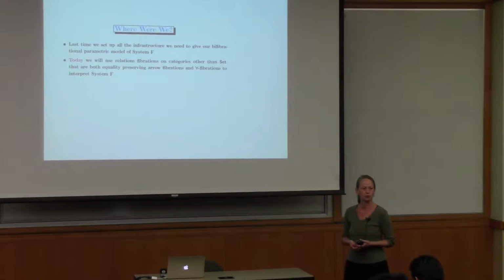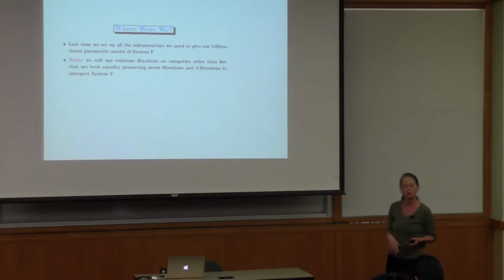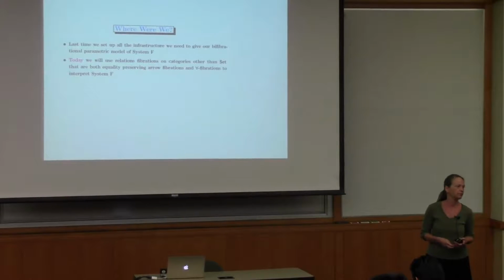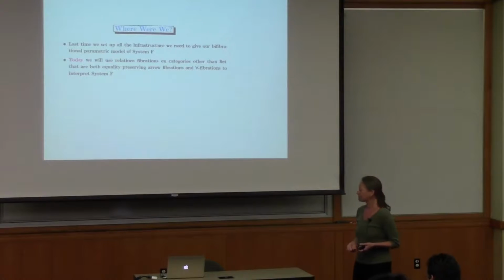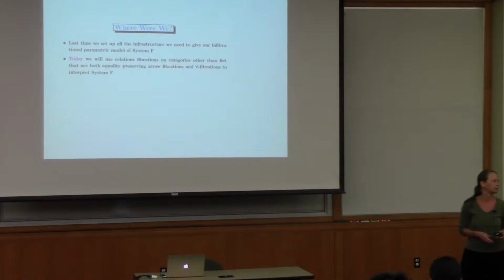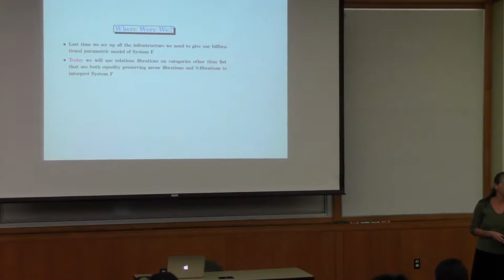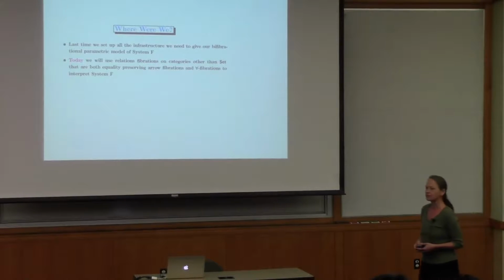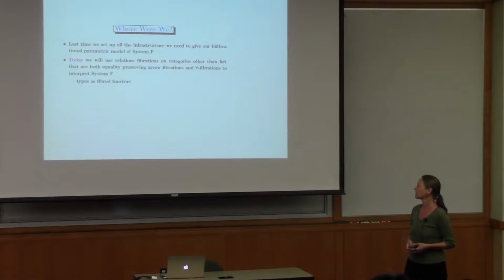You're given a fibration U, and you make this fibration Rel U. So this relations fibration, and we're going to insist that it have enough structure that it can interpret arrow types, and it can interpret for all types, right? That's what we talked about last time. So we're going to insist on having the things that we set up last time right at the end.